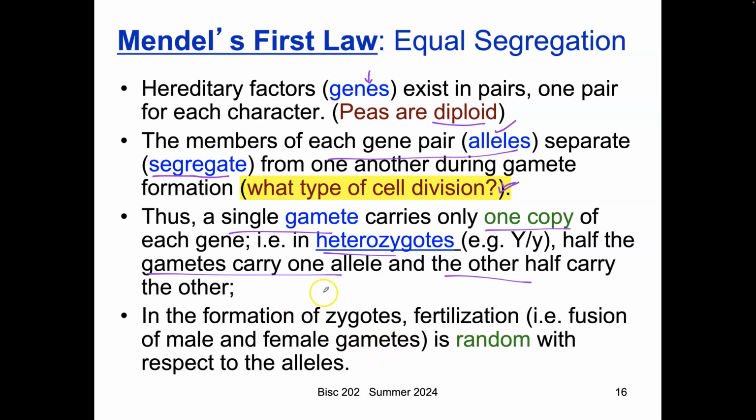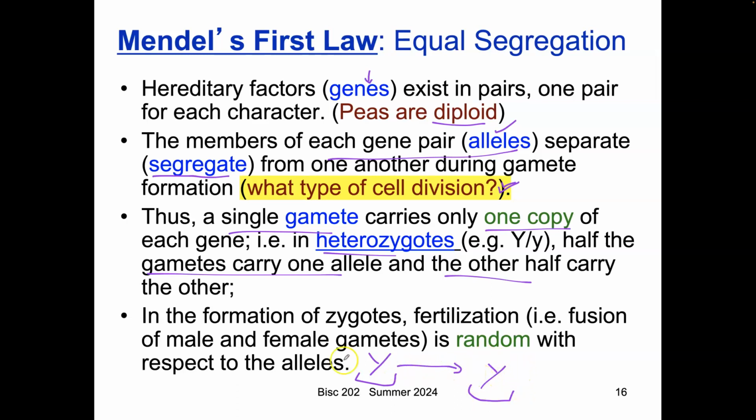And then once you have gametes that carry one or the other allele, the fusion is random with respect to the alleles. So a sperm that is carrying a dominant allele doesn't stop and check what genotype the egg is before it fertilizes it, right?